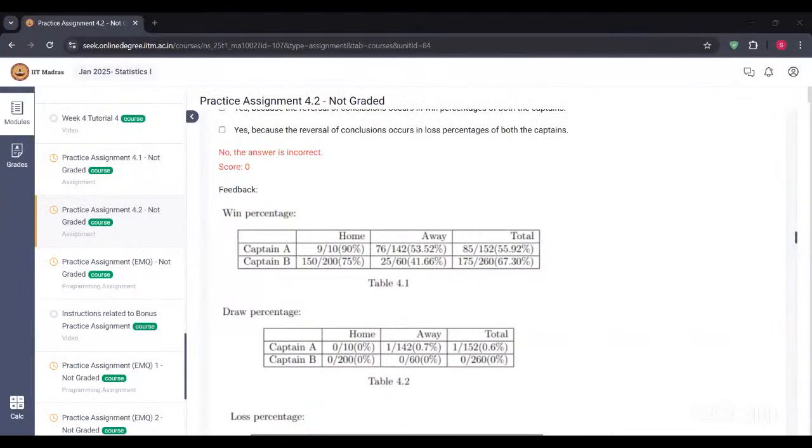Okay, so let me tell you what the Simpson paradox is. Let me share my screen. Are you able to see my screen?